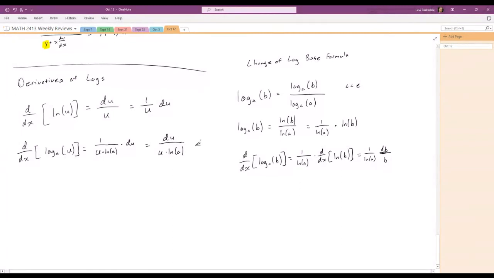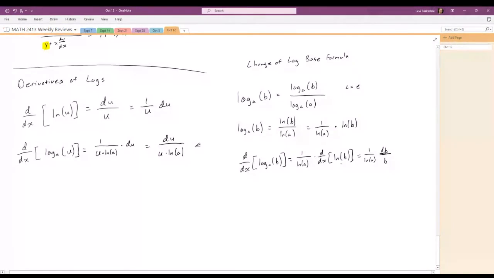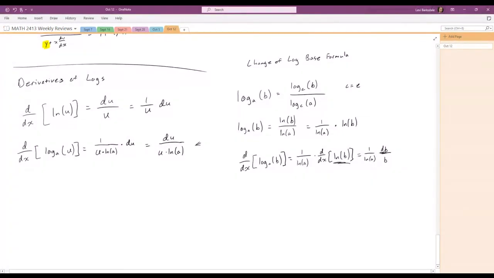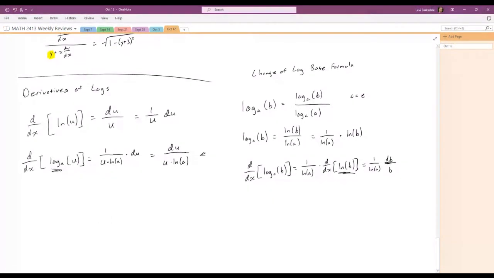But don't you have to know that formula to apply it to that equation? So you're saying, don't I have to know this change of log base formula? No, the 1 over the du over u. Don't you already have to know that to apply that over here? Well, we know what the derivative of natural log is. So the difference is, here I have a log of any base.